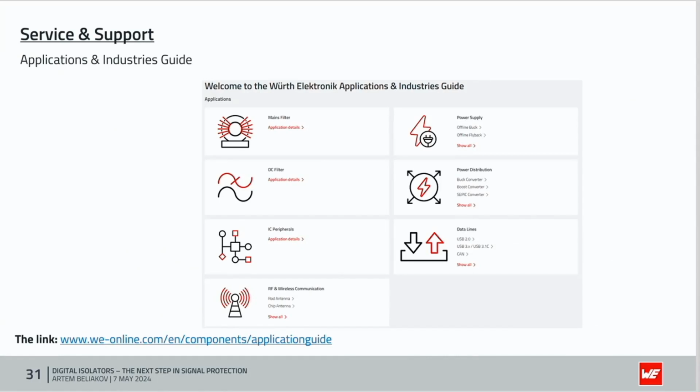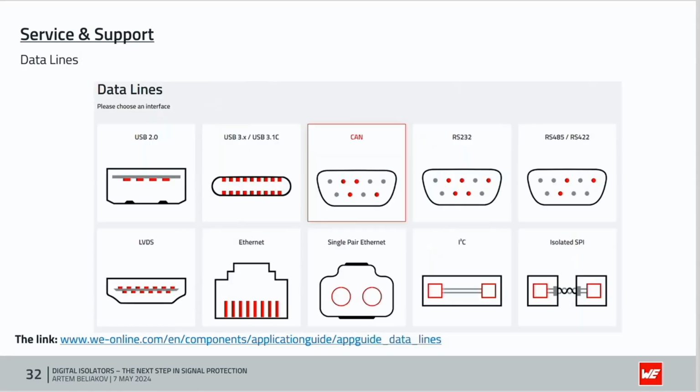Also on our website you can find a lot of recommendations for different applications, for example, for mains filters, for power supply, for DC filters. But of course, for digital isolators, this section with different data lines will be more useful.